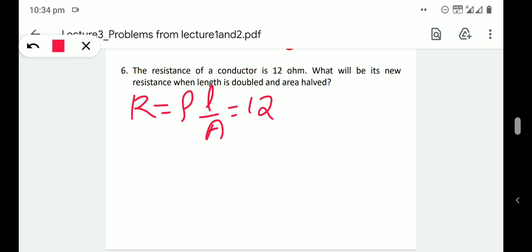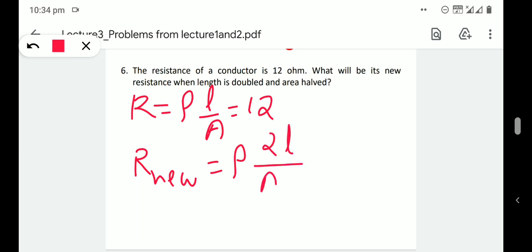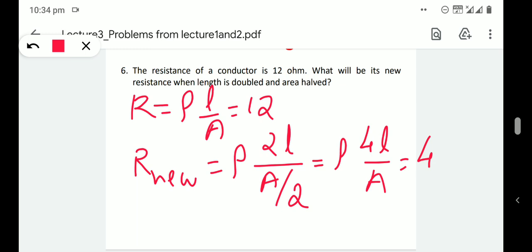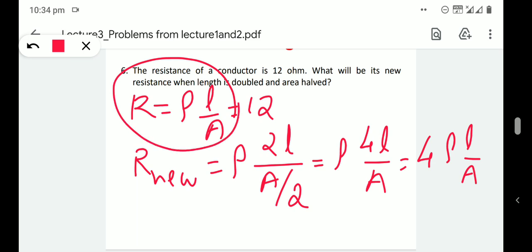Then new resistance. When length is doubled, length becomes 2 times L, and area is halved, so A becomes A by 2. So this is again equal to rho into 2L divided by A by 2, or this is again 4 into rho L by A. So from this equation we will get rho L by A is 12.